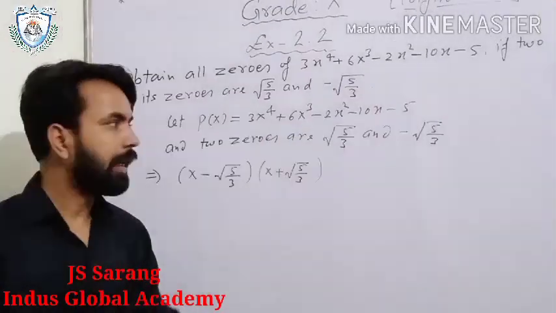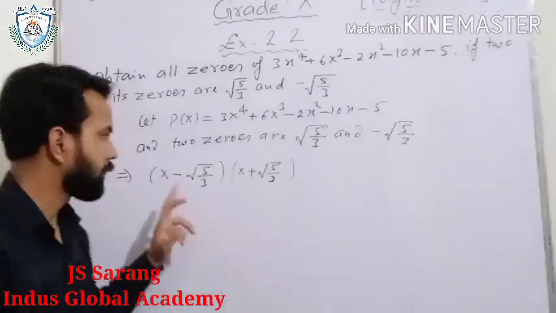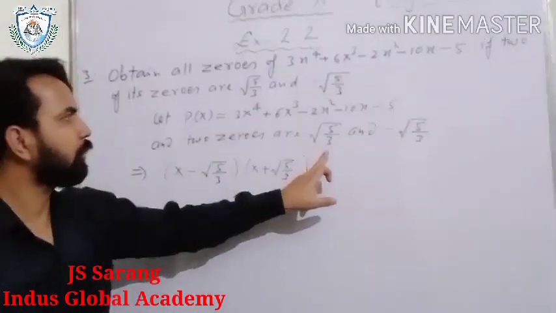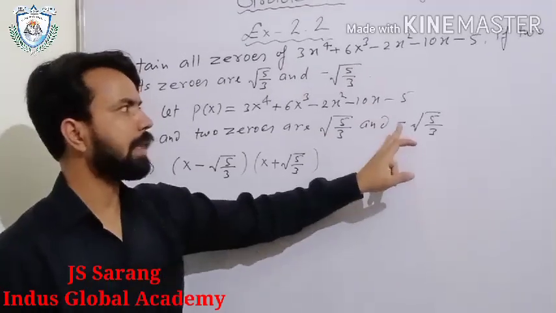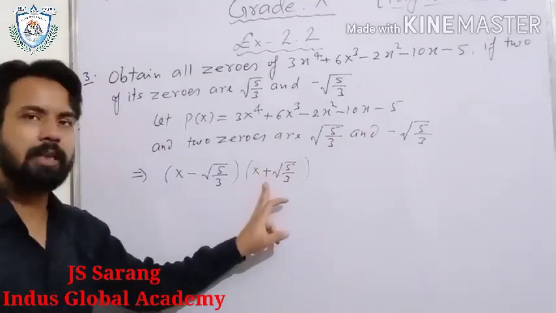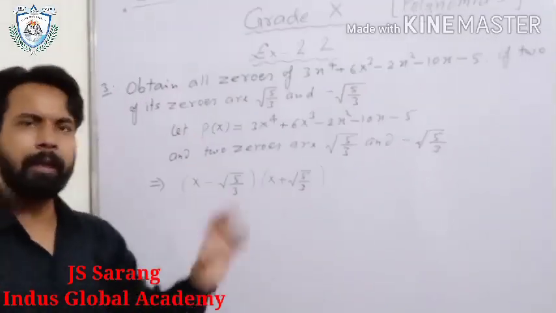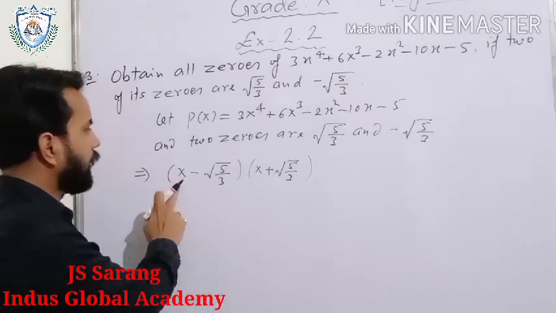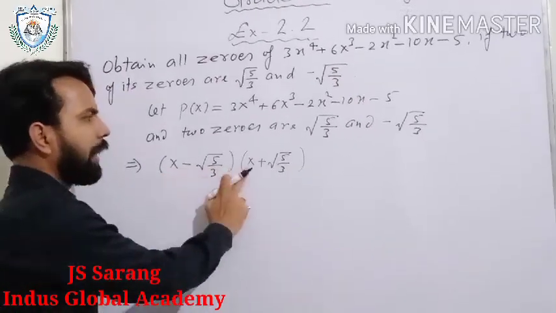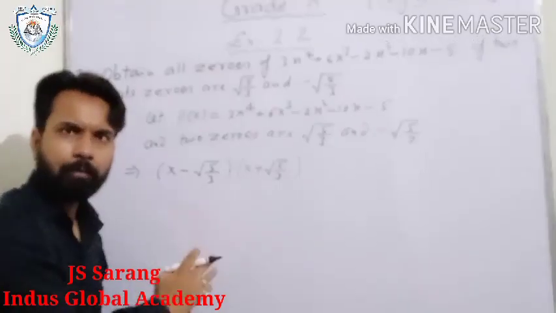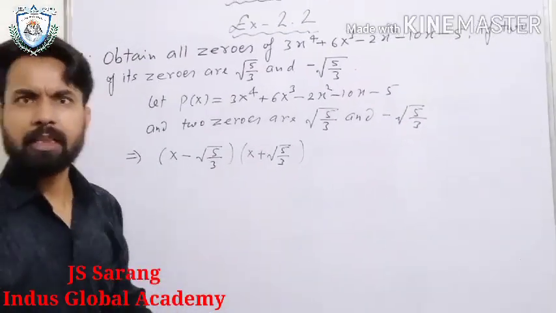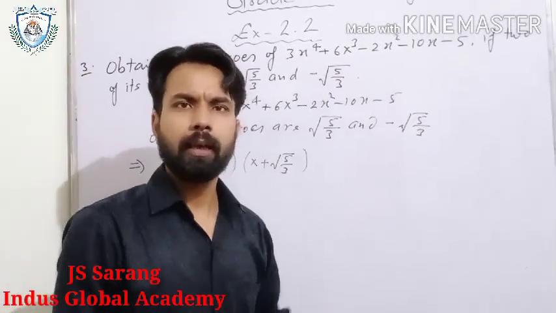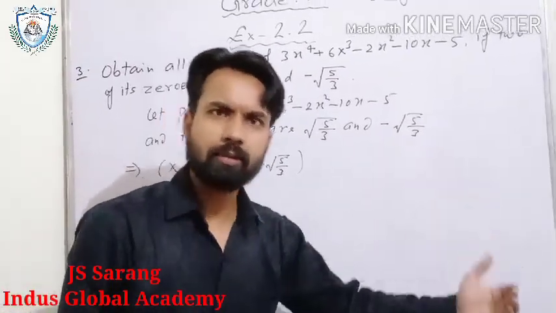We will subtract the given zeros from x. X minus first zero is this. In the next bracket, x minus the second zero is negative, so minus and minus will be plus under root 5 upon 3. Now see, this is a minus b and a plus b. This is in that form, a minus b and a plus b. And we know by the identity, if a minus b and a plus b is there, it will be a square minus b square.